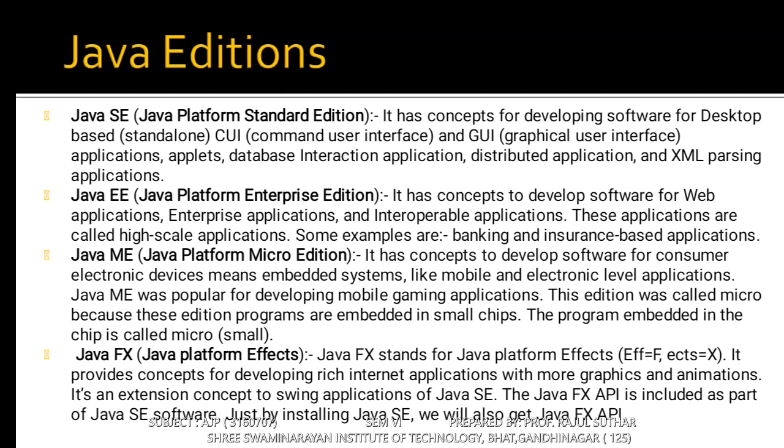This edition is called micro because its programs are embedded in a small chip. One small chip of hardware is used to build this application, or it stores all the data in a small chip. The program embedded in the chip is called micro, so it is called the micro edition.